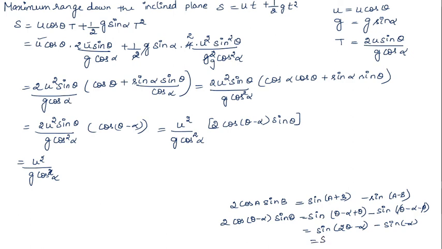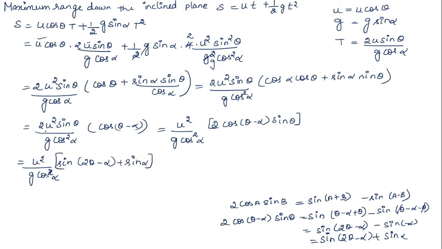Sin of minus alpha will be minus sin alpha, so there will be another minus. Negative into negative will be positive, so it is plus sin alpha. We'll get sin of 2 theta minus alpha plus sin alpha.